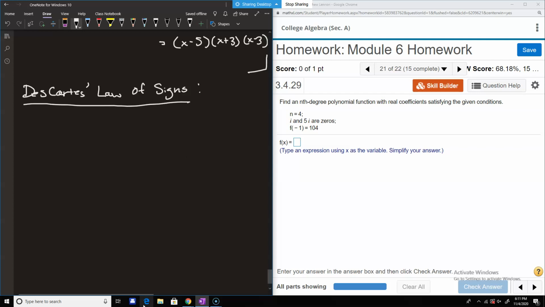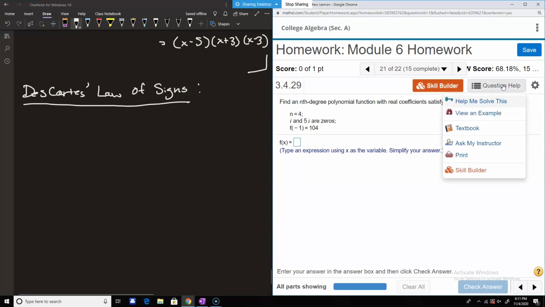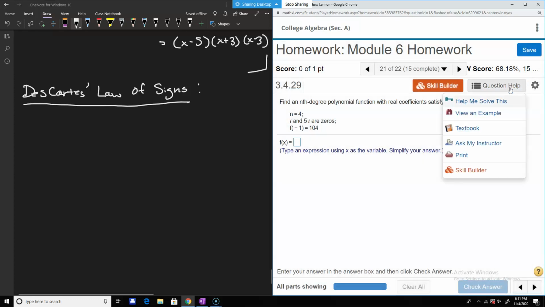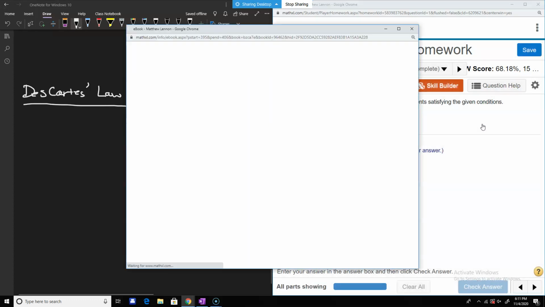Really bizarre. So we're going to have to look, maybe it'll say on the question help. The statement of this Descartes' Law of Signs is bizarre. We might have to go to the textbook, I just don't want to misstate it. But this is completely forgettable. It's just exotic. It doesn't come up a lot. But it is kind of interesting.